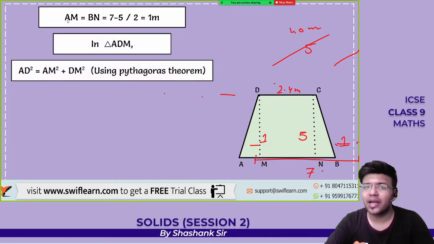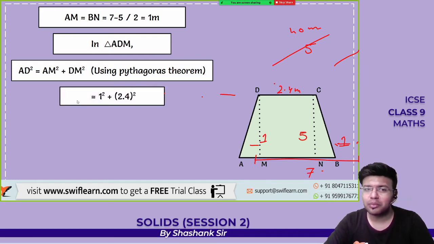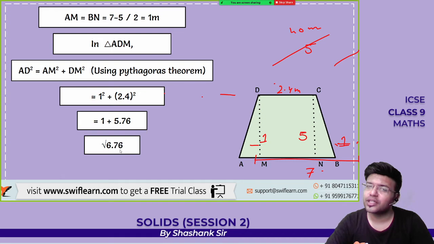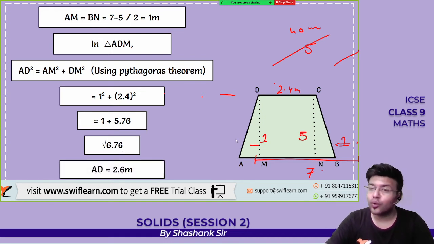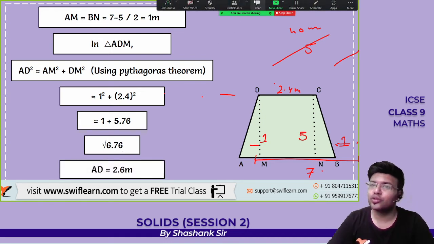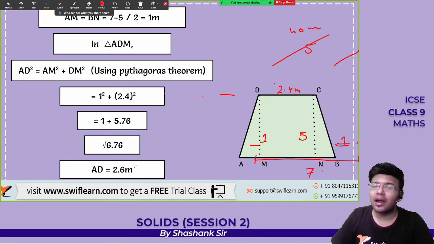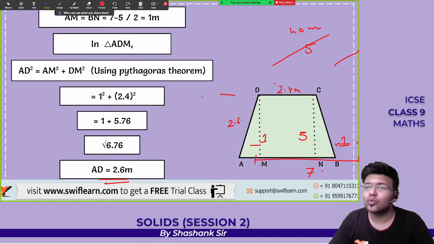Now in triangle ADM, find the length of AD. Using the Pythagoras theorem, this is 1 square plus 2.4 square. Add it, you get the square root of 6.76. You can get AD as 2.6 meters.